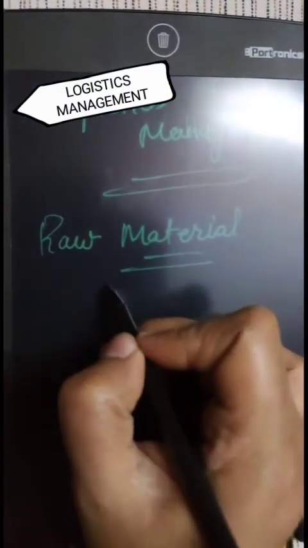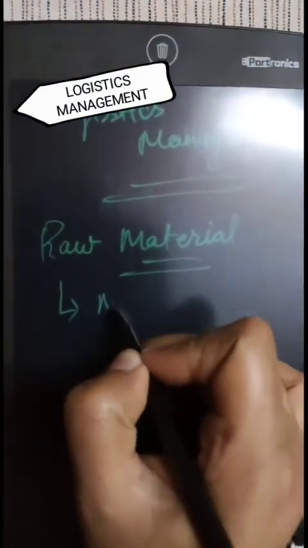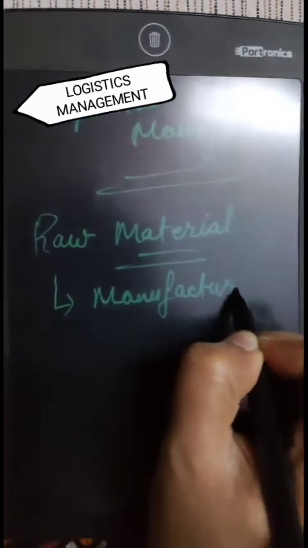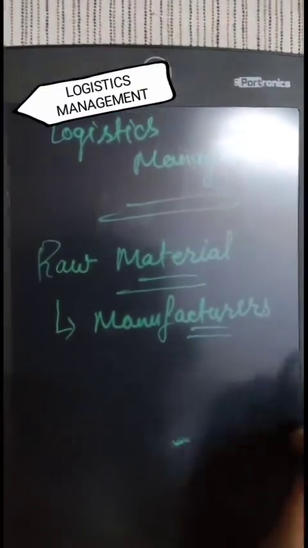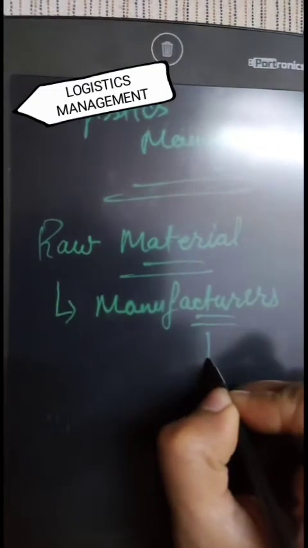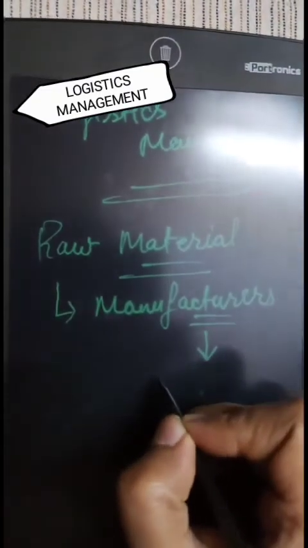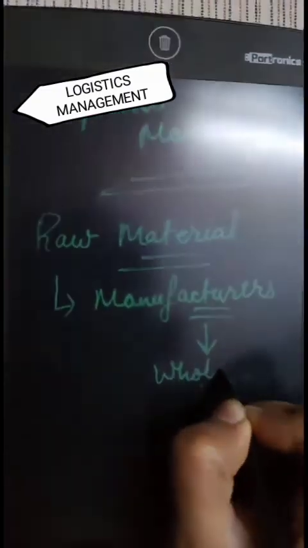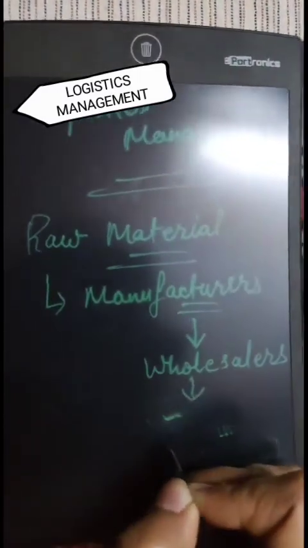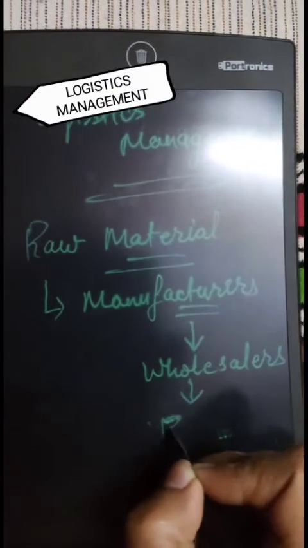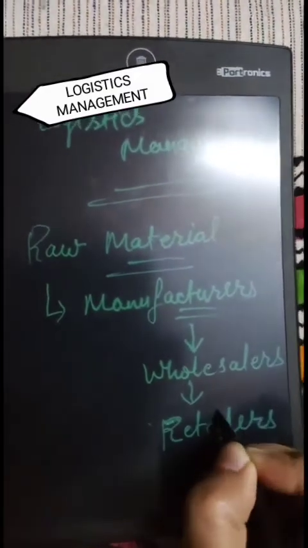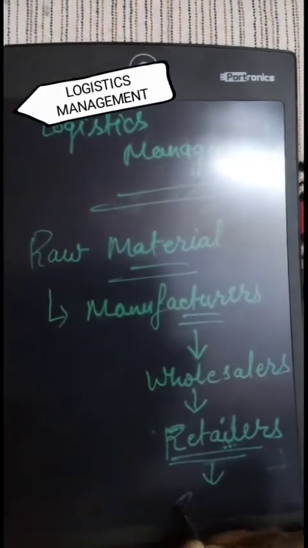These raw materials are transferred to the manufacturers. And manufacturers convert raw materials into finished goods and they deliver goods to wholesalers. And from wholesalers it comes to retailers and then to the end users.